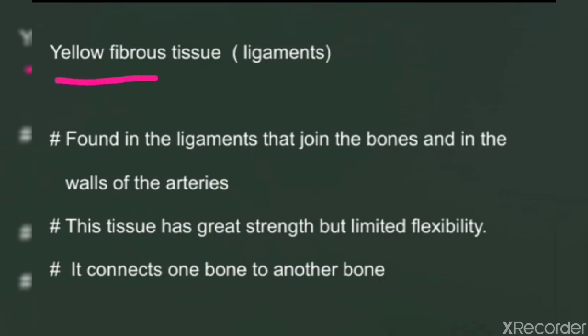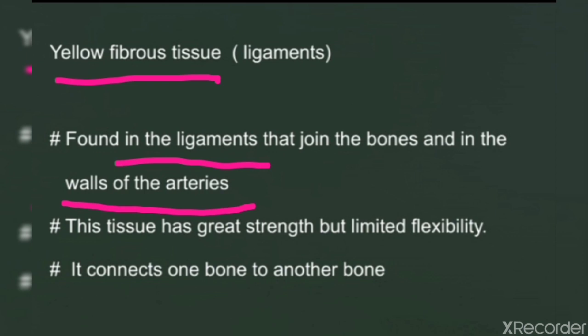Next one is yellow fibrous tissue. Yellow fibrous tissue is found in the ligaments. Ligaments join one bone to another bone. Clear? So yellow fibrous tissue is present in ligaments only, which join one bone to another, and it is present also in walls of the arteries in which oxygenated blood is flowing.